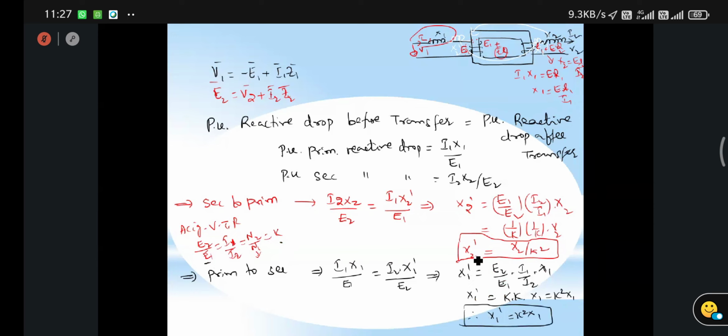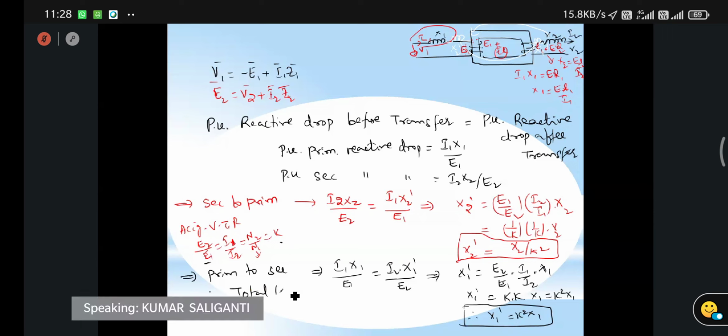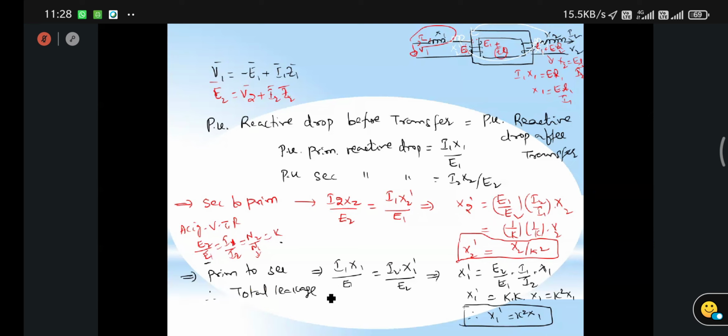So X1 dash is the equivalent leakage reactance when referred to the secondary side. Therefore the total equivalent leakage reactance when referred to primary is X01, which is X1 plus X2 dash, that is X1 plus X2 by K square.